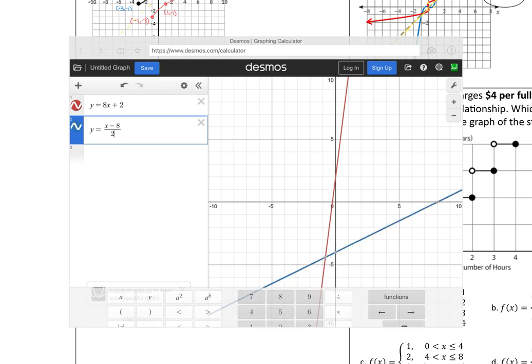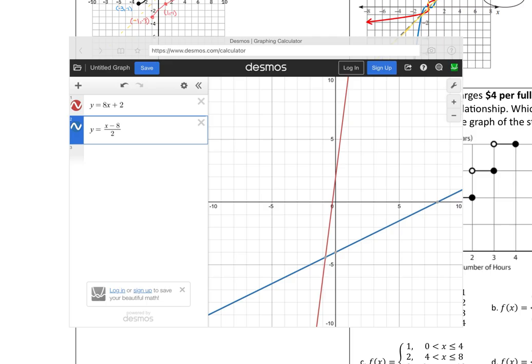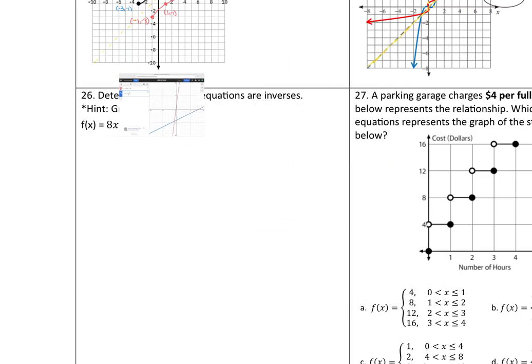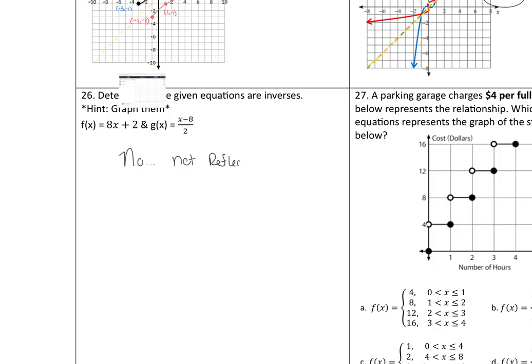Now, just looking at these alone, they are definitely not reflections across the line y equals x. So I can say no. They are not inverses. Not reflections across y equals x.